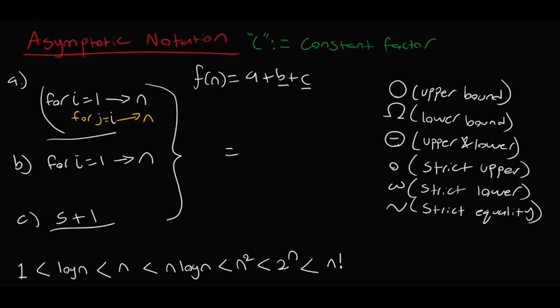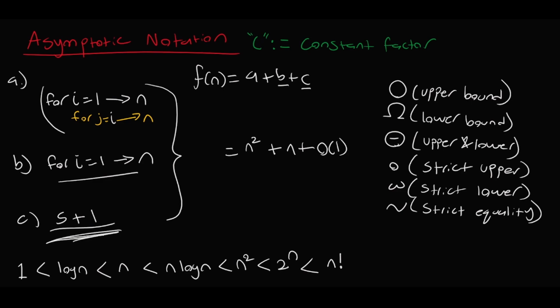So this first part, a, is going to be n squared plus n plus some constant. It could be just 6 or some math operation, but in the grand scheme of things, this is just O of 1.